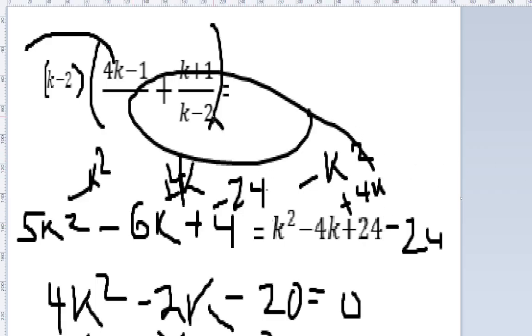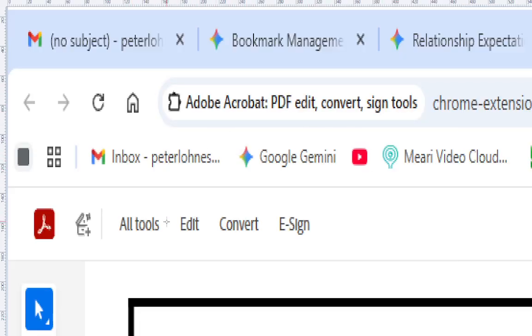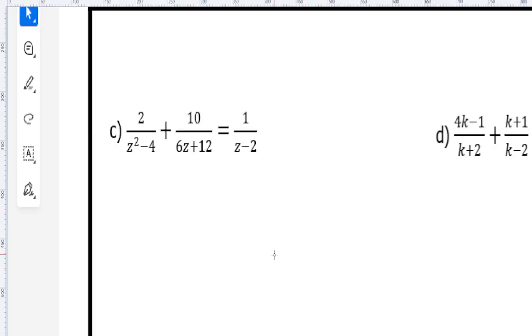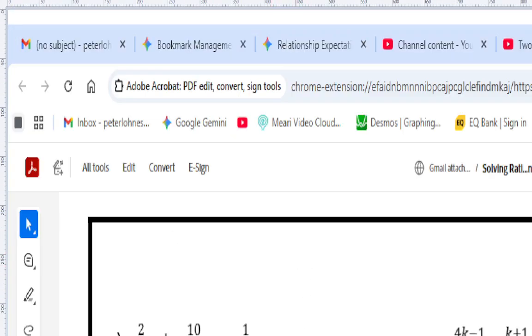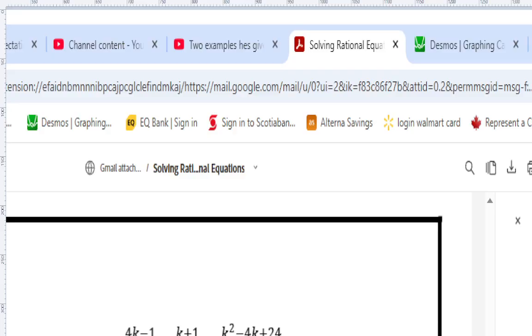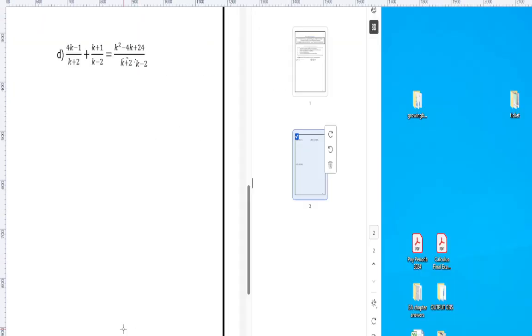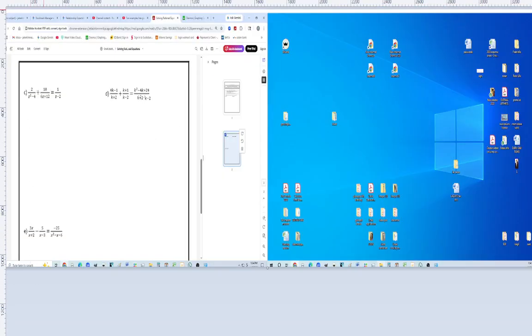It only works well, I should say, when the right side factors share both of these denominators, which it does. This occurs in E as well.